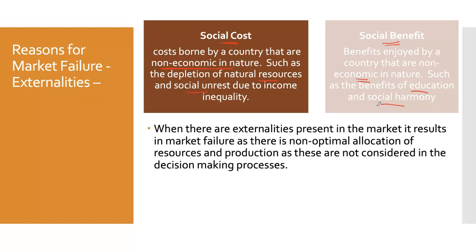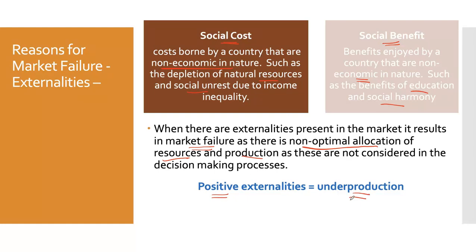So when there are externalities present in the market, it results in market failure as there is a non-optimal allocation of resources and production that is not considered in the decision-making process. We're not considering them. So if we have lots of positive externalities, so benefits that aren't being considered, we're going to do underproduction because we're ignoring some of the benefit.